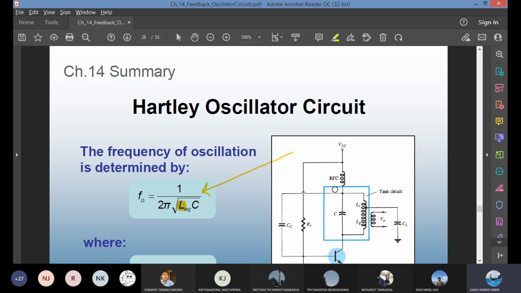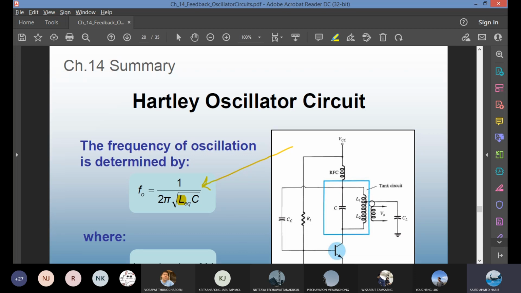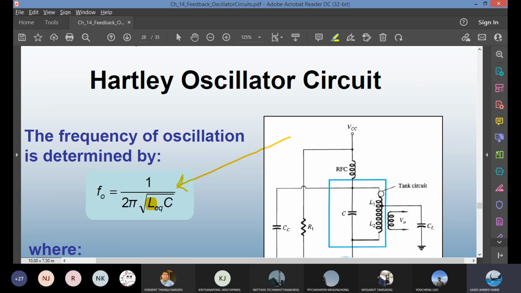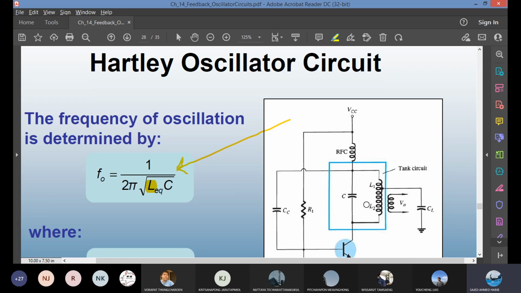To find the L equivalent, there is one term we have to include in the calculation. If you look at this tank circuit, two inductors in series, usually it's L1 plus L2. However, there is something called a coupling factor, because this is also a transformer coupling equivalent. If you think of this as a transformer, this is the primary side, this is the secondary side.